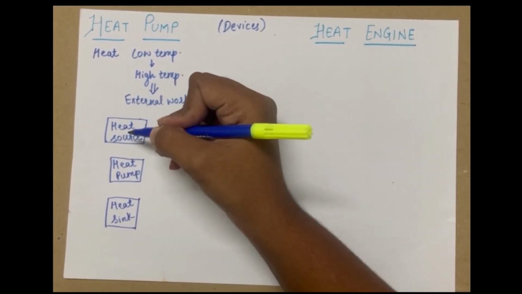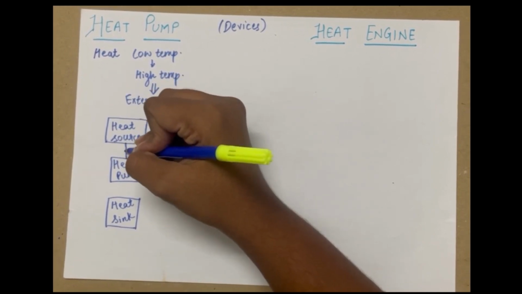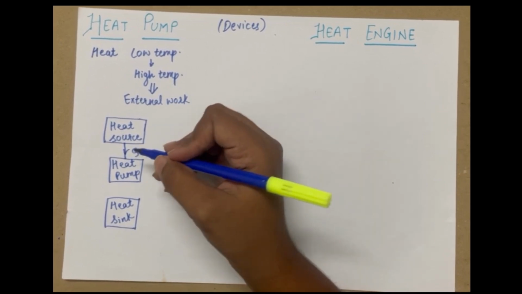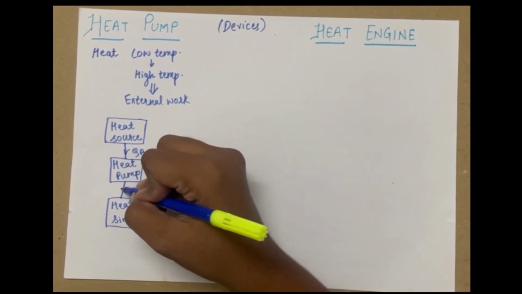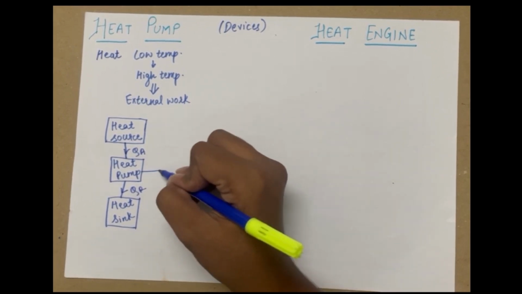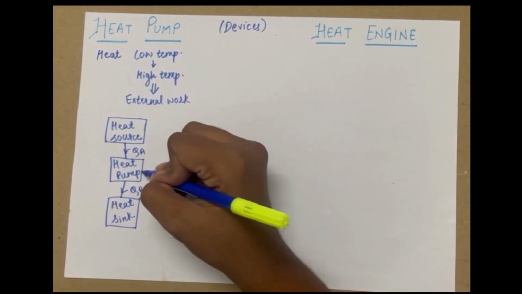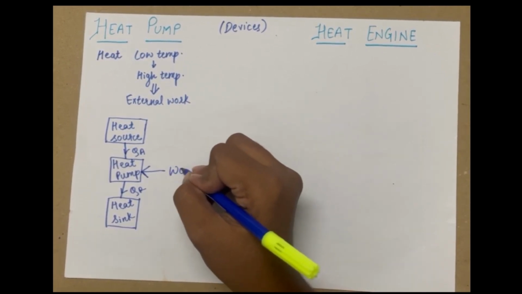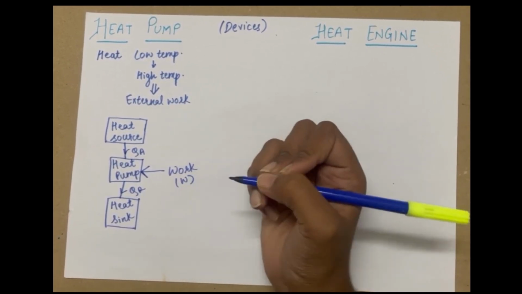Now, when the heat is added from the heat source to the heat pump, we denote it as QA. And when from the heat pump the heat is rejected to heat sink, we denote it by QR. Also, this external work is provided by us. Therefore, the arrow is inside, that we are providing the work, that is W.